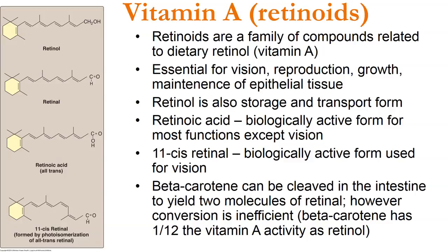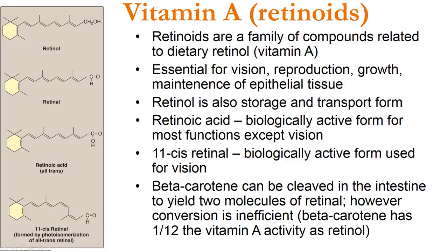So it's got a role in vision, which has nothing at all to do with gene expression. It's actually a physical role for the vitamin, and then it's got these roles in gene expression, where it's acting like a fat-soluble hormone. We've already talked about cortisol, for example. So both vitamin A and vitamin D act as fat-soluble hormones.